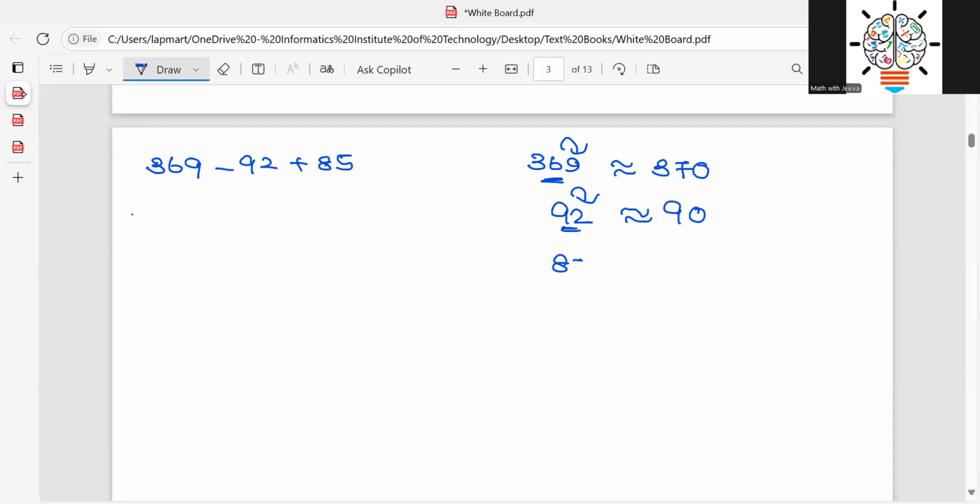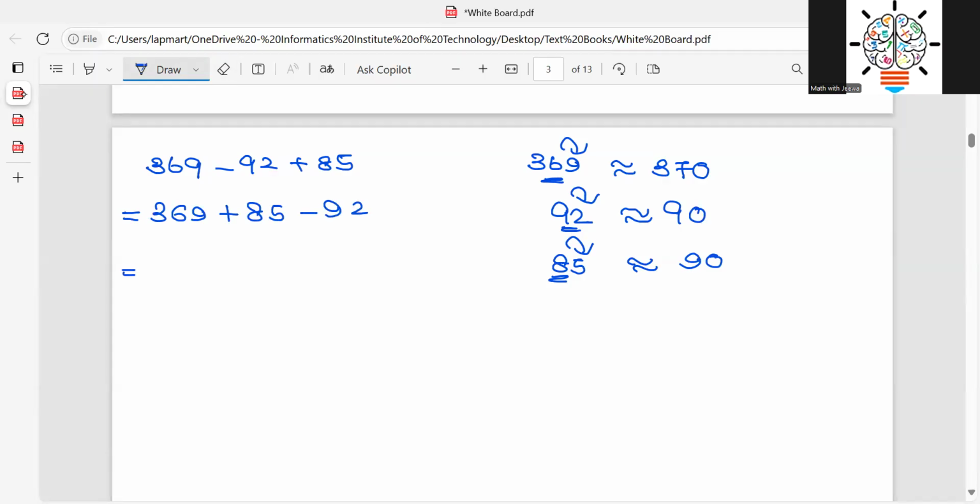Then 85 becomes 90. Okay. Then first we want to rewrite this. Here we write 369 plus 85 minus 92.